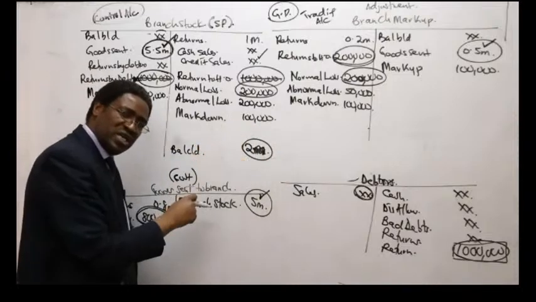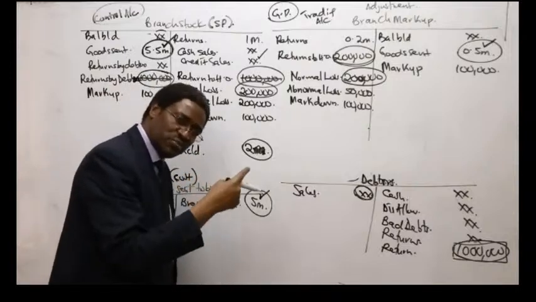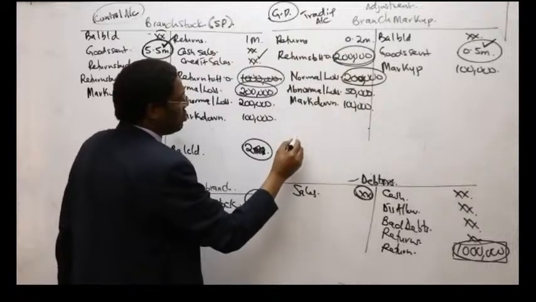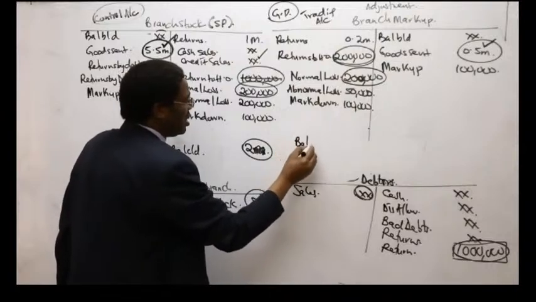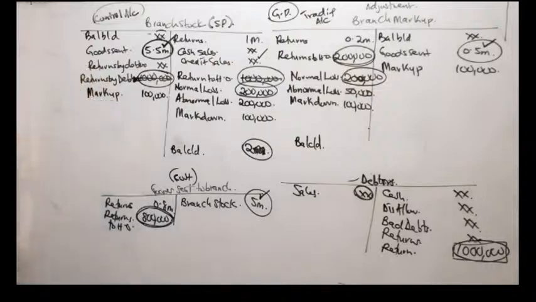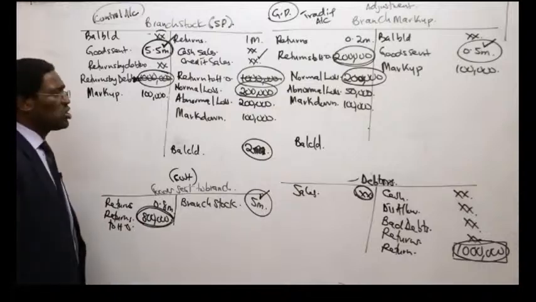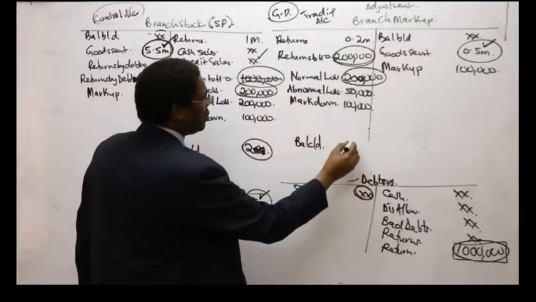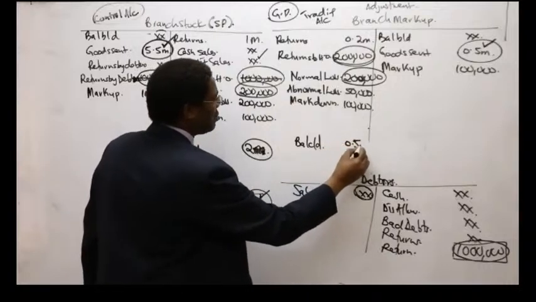So you calculate that unrealized profit on closing stock, and you carry it down. The question will guide you what the profit loading is, whatever markup or margin, calculate that amount. Whatever it is, which for now I want to assume is 0.5 million, with the profit loading you come and cut down that amount.